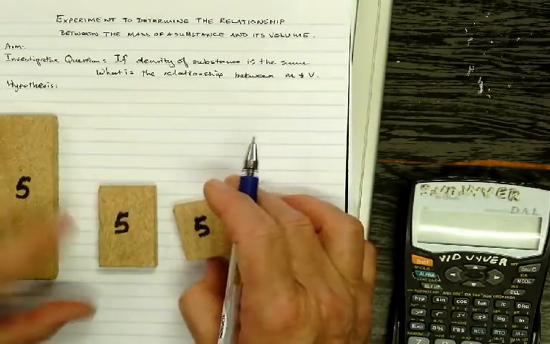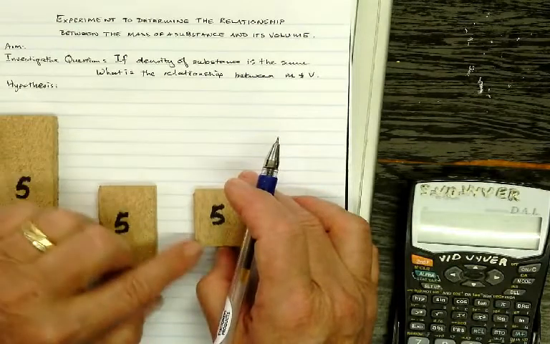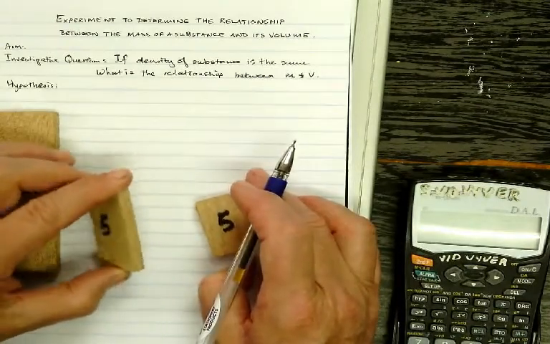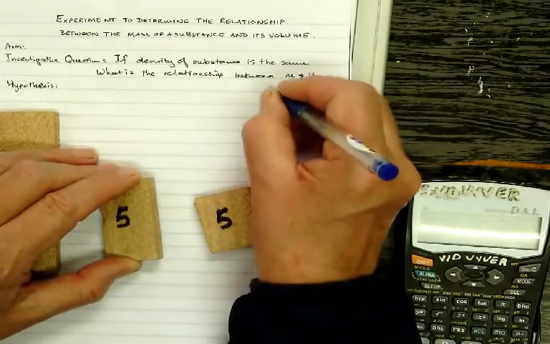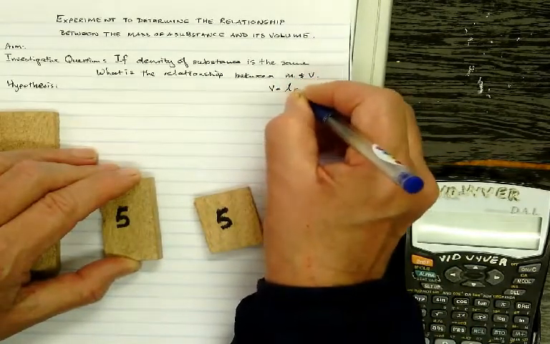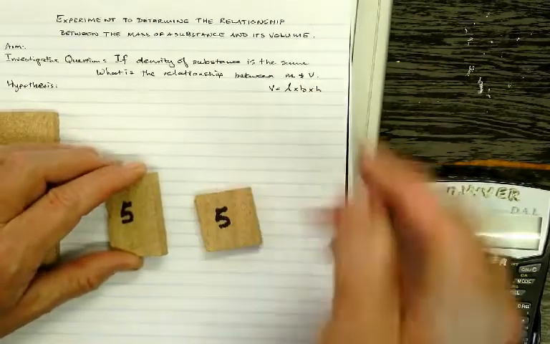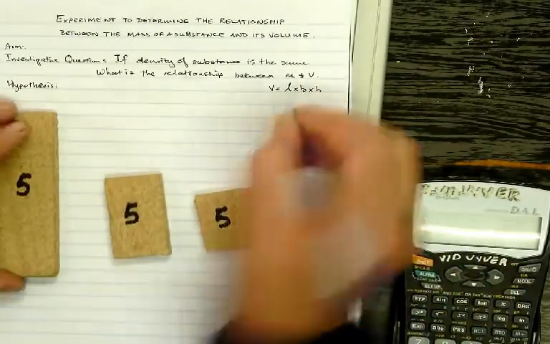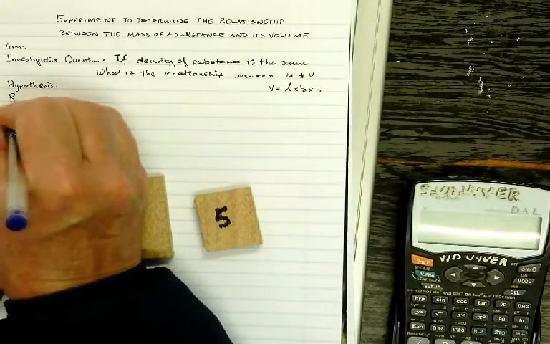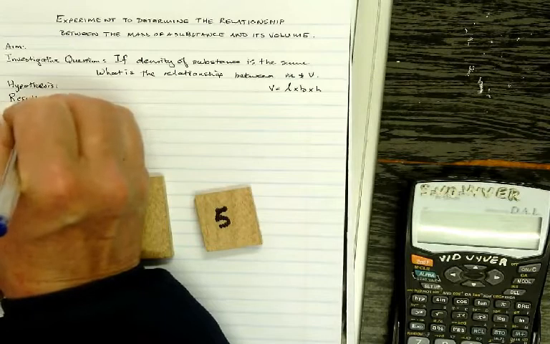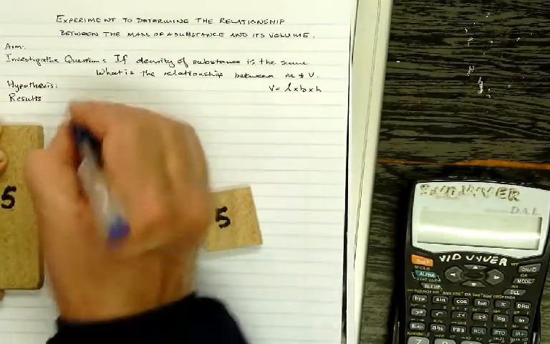Now we have already determined the dimensions of these blocks, and we used the equation V equals length times breadth times height to determine the volume in cubic centimeters. So what I'll do is tabulate the results of our experiment.